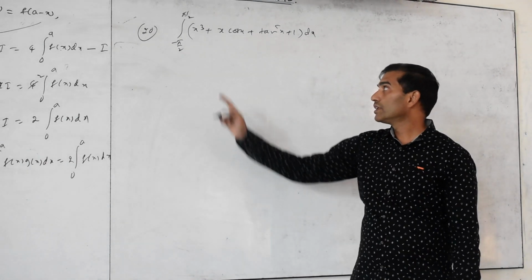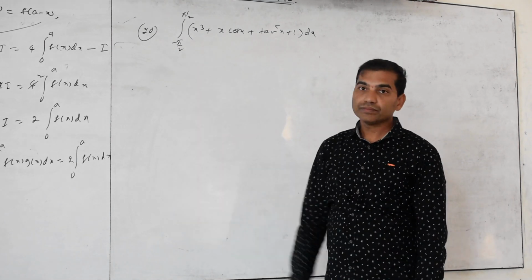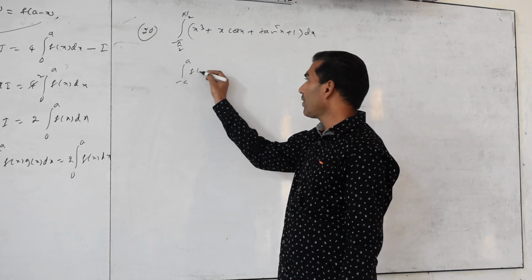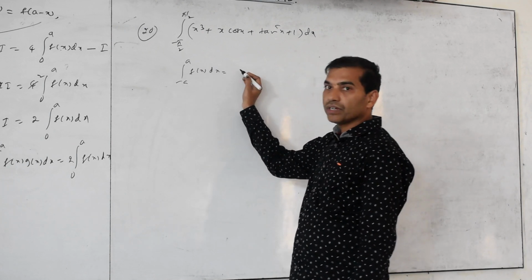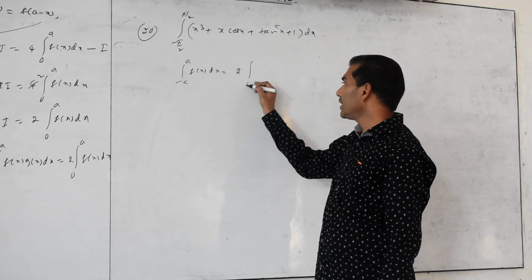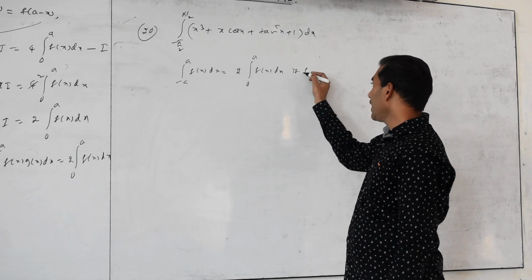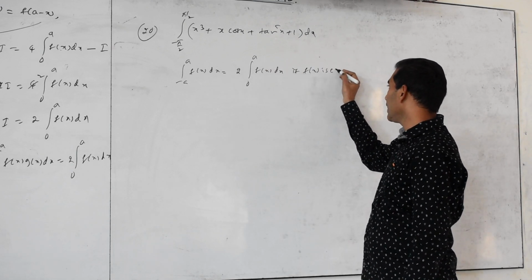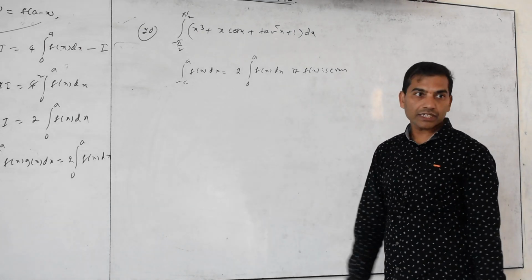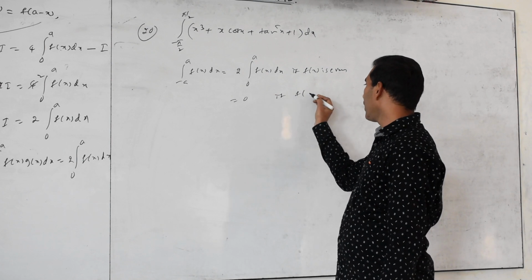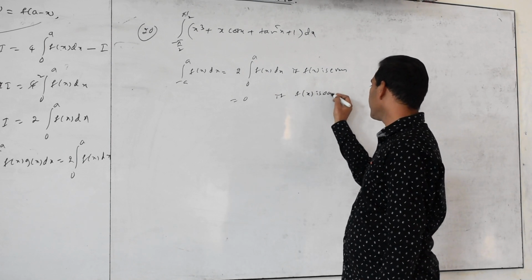See, tell me which property it contains? Yes: integration from minus a to a of f of x dx equals 2 into the integration of 0 to a f of x dx if f of x is even. Even means f of minus x equals f of x. And 0 if f of x is odd.